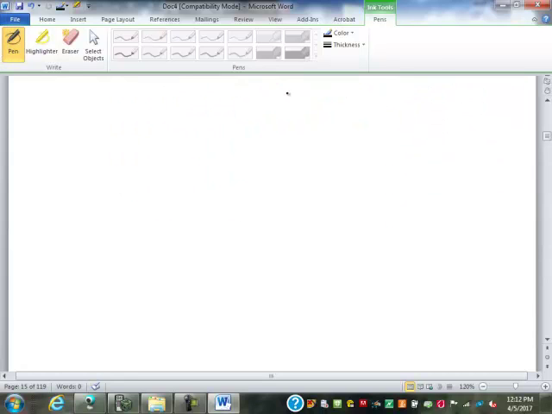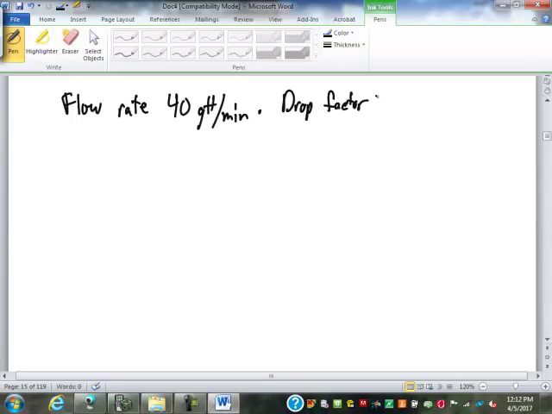Let's look at the infusion time. It's kind of what I was trying to get to with that last example, but I messed it up. Let's say our flow rate is flowing at 40 drops per minute. We have a drop factor of 20 drops per milliliter.